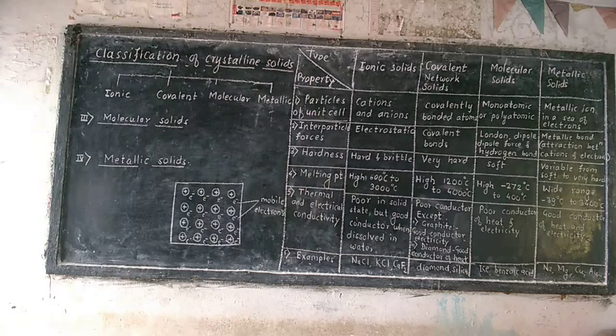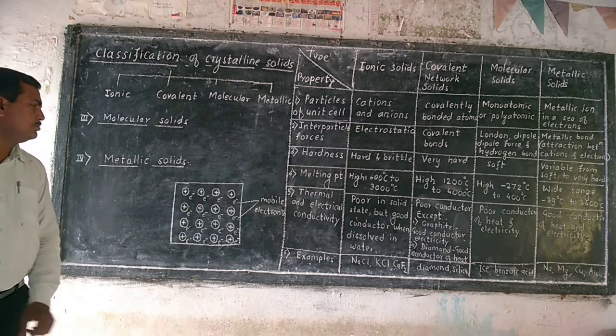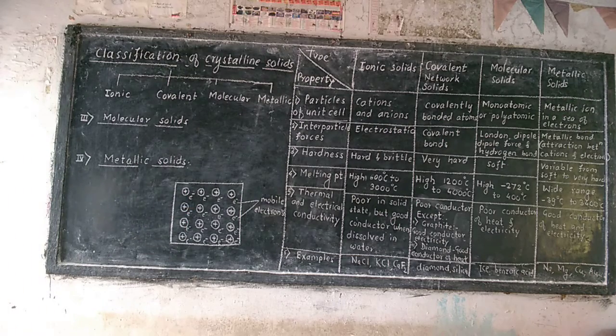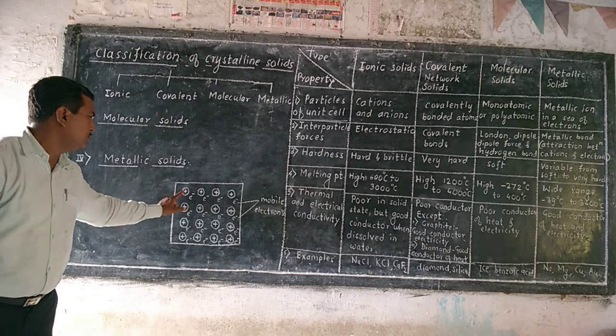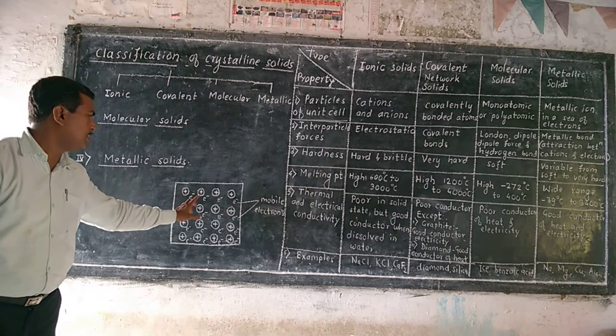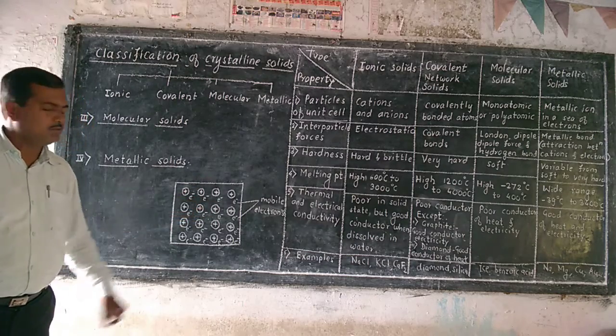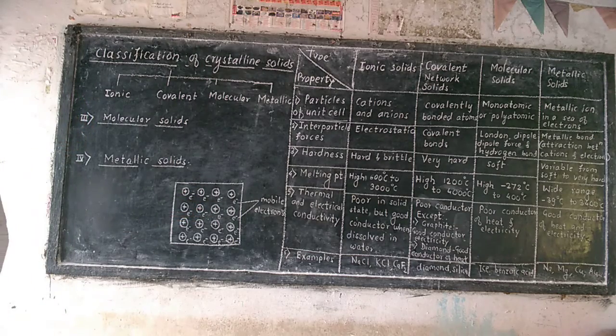In these solids, the metal atoms convert into metal ions by contributing one or more valence electrons to form the sea of electrons like this. Metal atom is converted into metal ion by contributing one or more electrons.